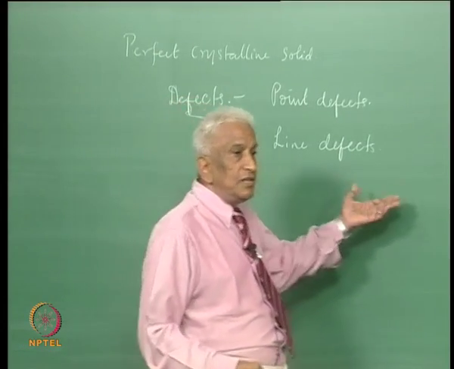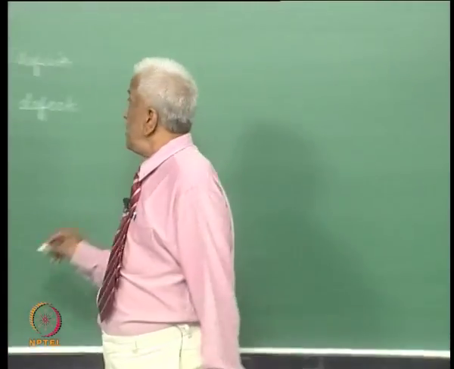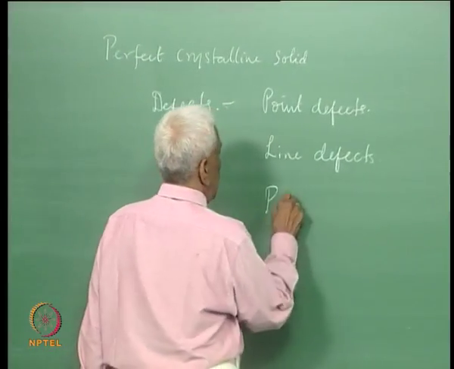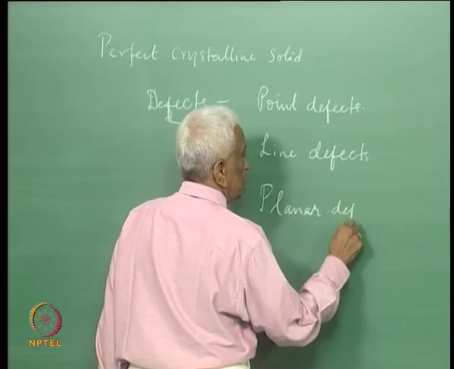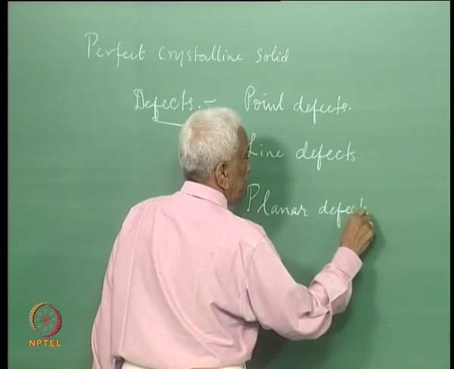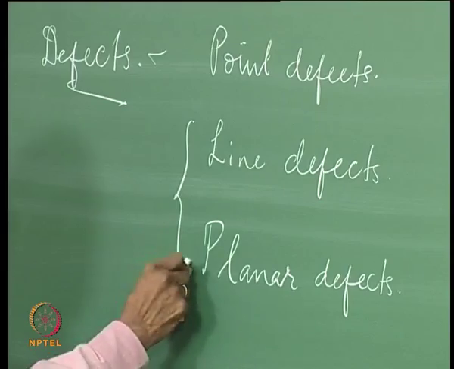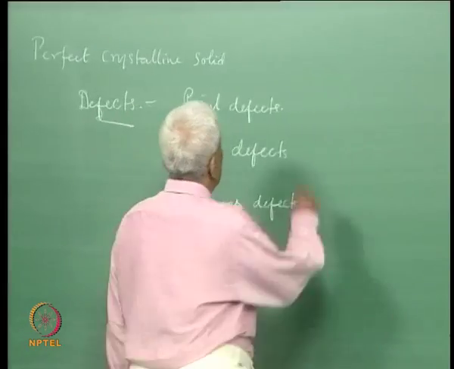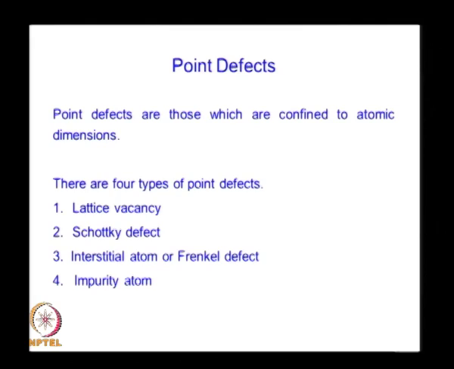So, these are line defects, and then there can also be planar defects in a 3-dimensional solid. These we will consider in the next lecture. Today we will focus on point defects.